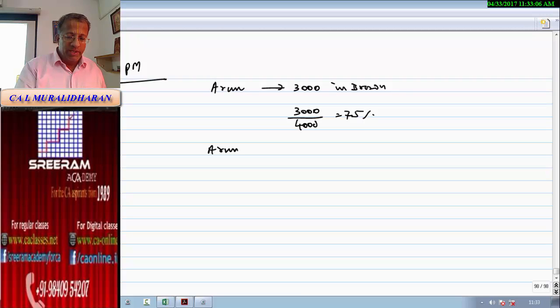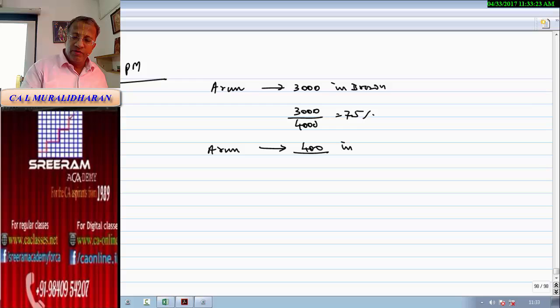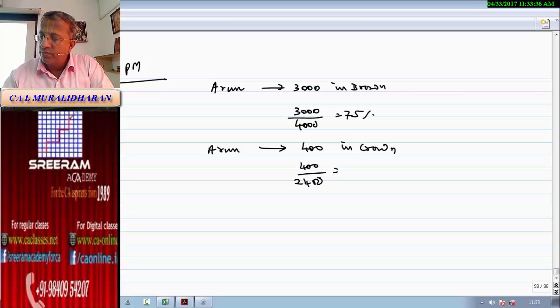Then Arun is holding 400 shares in Crown. How much does this work out to? 400 upon 2400, which is equal to 16.67%.